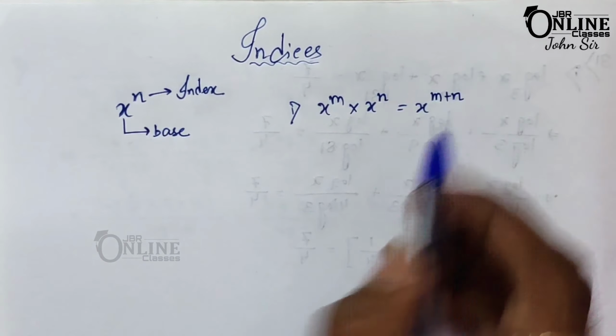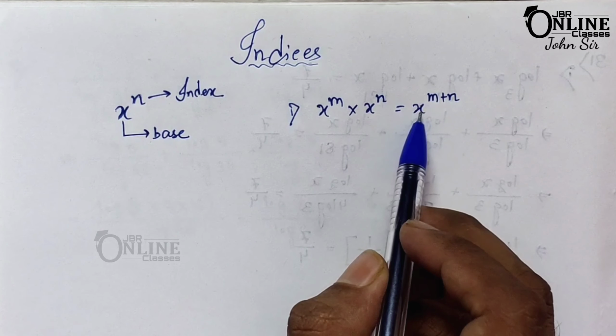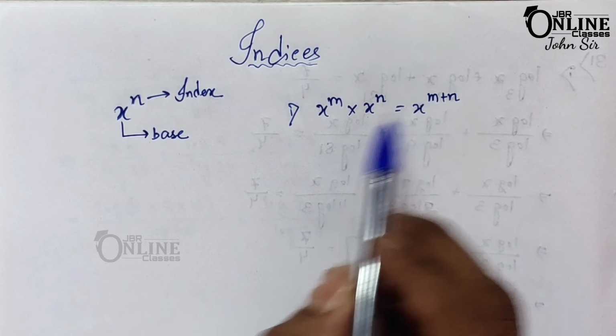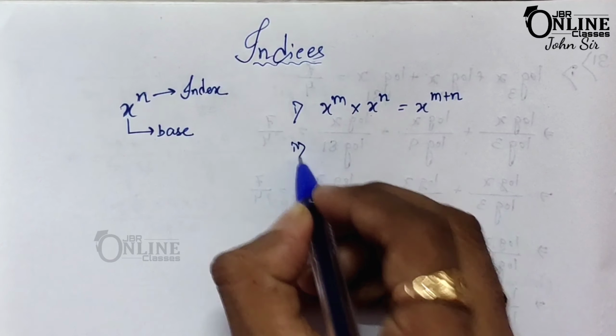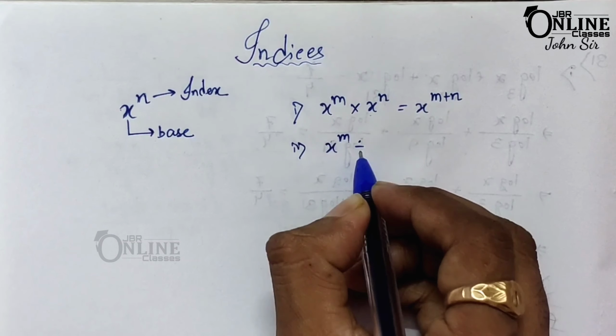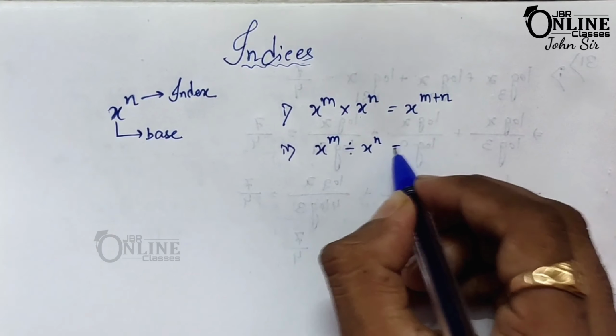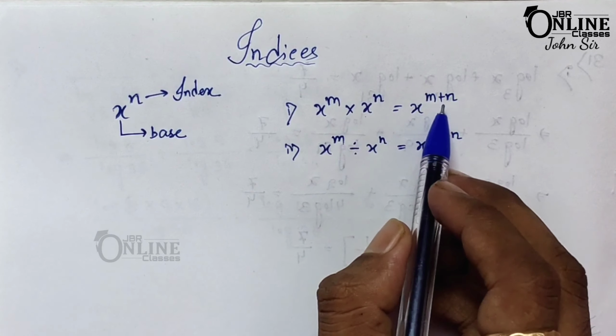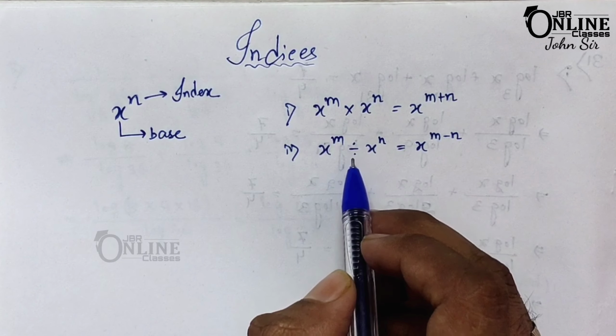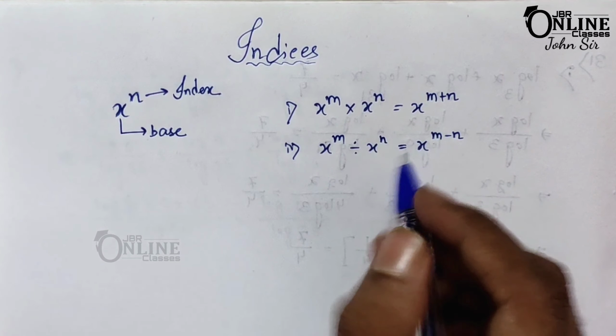That means if both the bases are the same and the powers are different, then it will be x to the power m plus n. If here is multiplication, then here will be addition. Then the same way, if x to the power m is divided by x to the power n, then it will be x to the power m minus n. That means for multiplication there will be addition, and for division there will be subtraction.